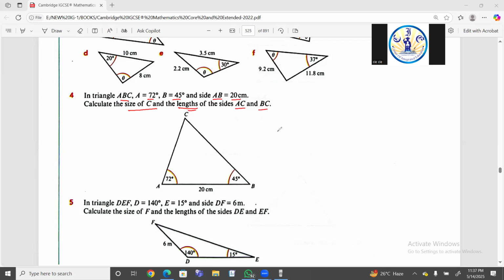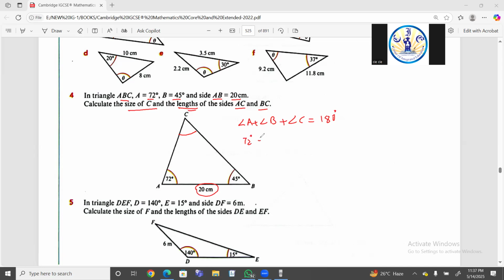Okay, since I'm given this side, I need to have the angle opposite to this side. And since we know that the angle sum of the triangle angles is 180 degrees, I should write angle A plus angle B plus angle C is equal to 180 degrees.